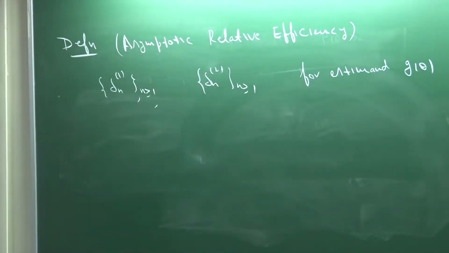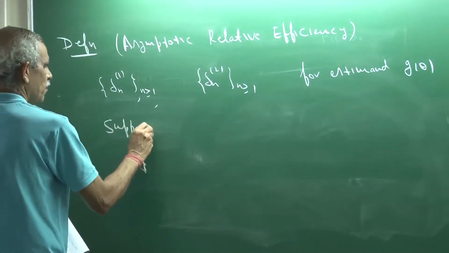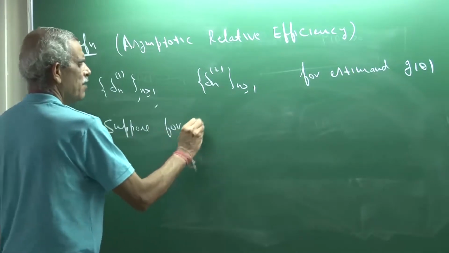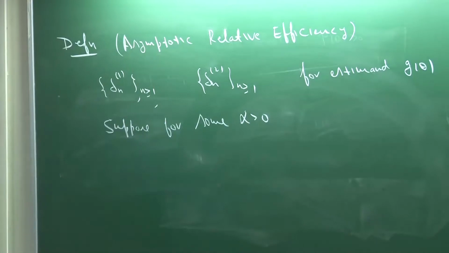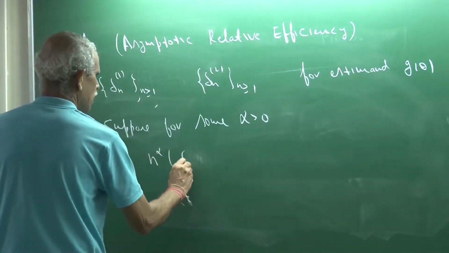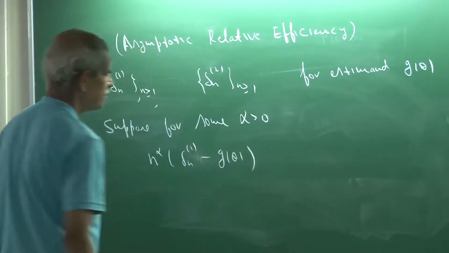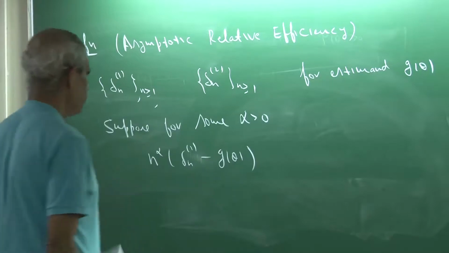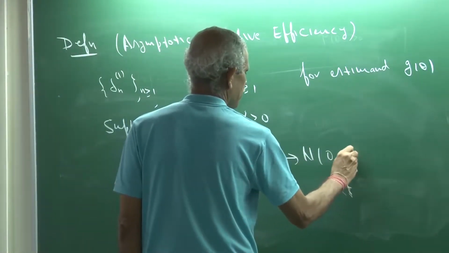I know that for delta n1 the rate is n to power alpha. So suppose for some alpha greater than 0, n to power alpha times (delta n1 minus g theta) goes in distribution to normal 0, tau square theta.